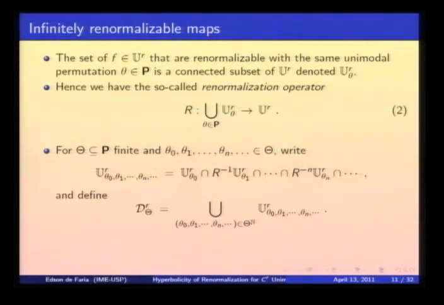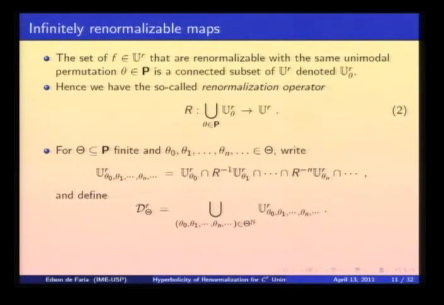So if I take an infinite sequence of such permutations, I can consider the maps which are in this intersection here. These are the maps which are infinitely many times renormalizable, and every time you renormalize a map which had a permutation theta sub n, you get something which is renormalizable with a permutation theta sub n plus 1, and so on. Okay?